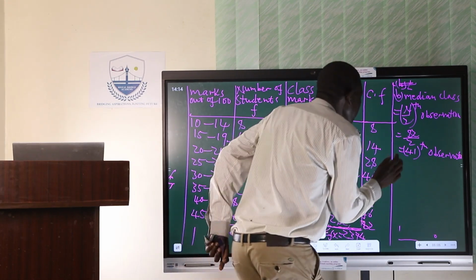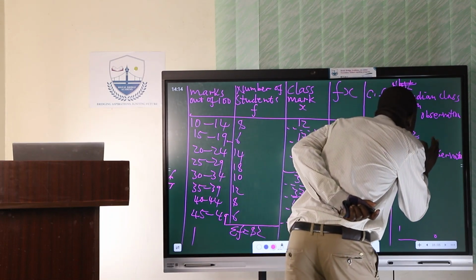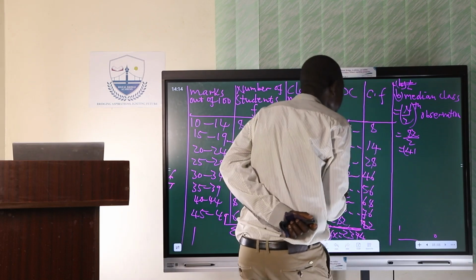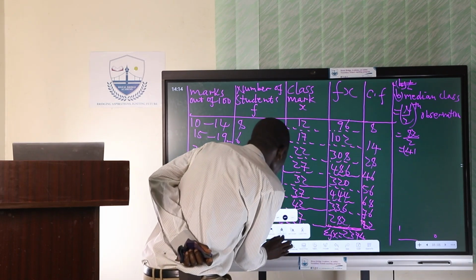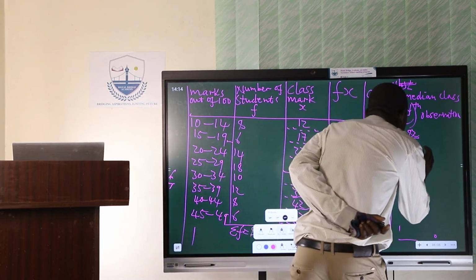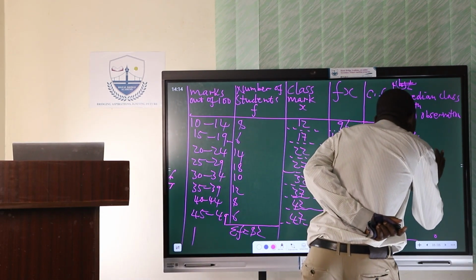Let us write it the way it is supposed to be, using correct grammar. 41st. So we put here 41st observation.